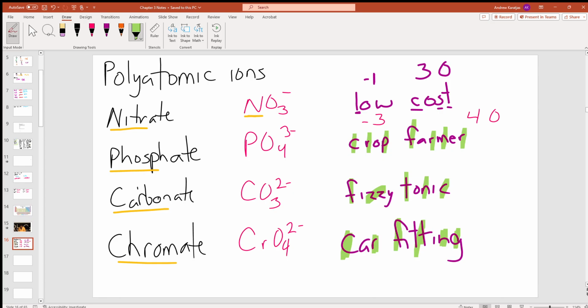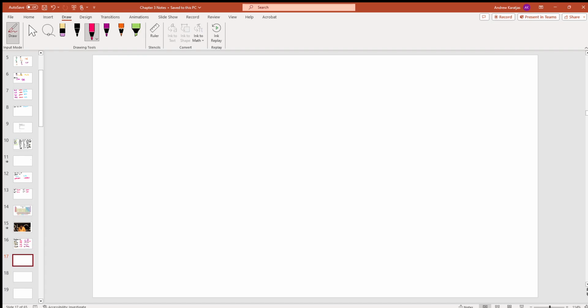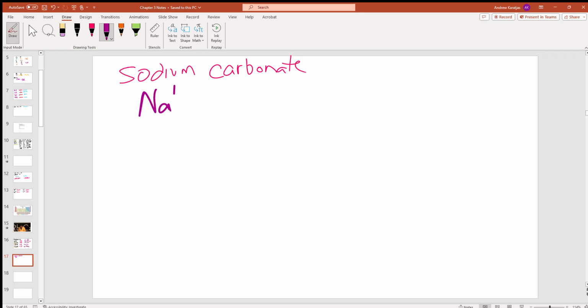So before we go on to more of our polyatomics, just want to show how these would fit into our naming or our name to formula that we did before. So we could say, for example, that we had sodium carbonate. So sodium, we know based on where it is on the periodic table, +1.